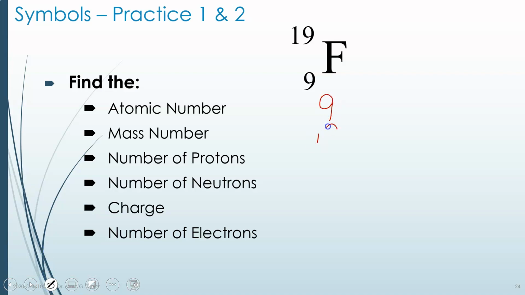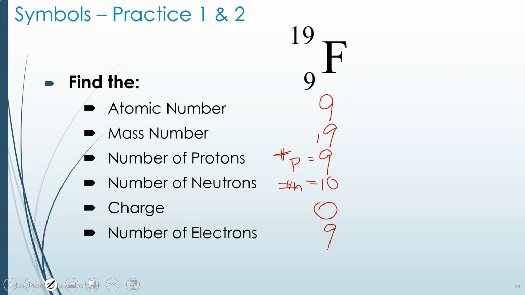The mass number is 19. That tells us the number of protons is 9. The number of neutrons is the difference, so that's 10. The charge is 0, and that tells us the number of electrons must be the same as the number of protons.